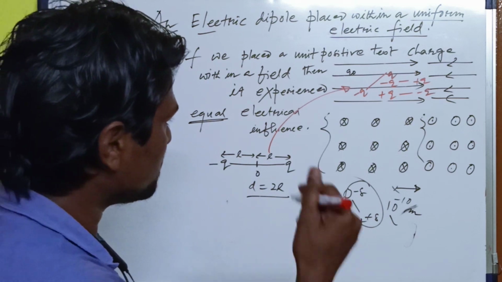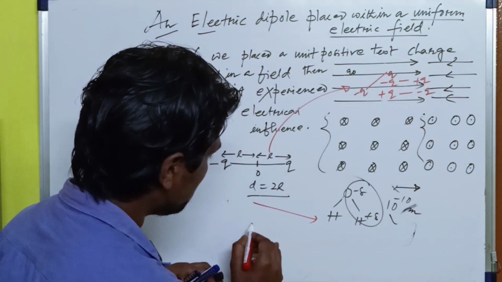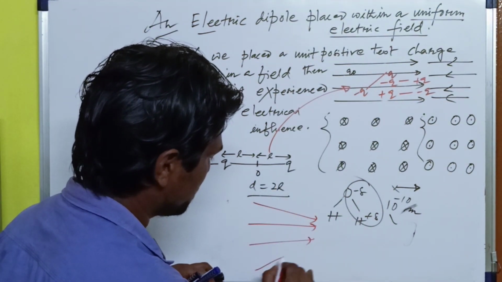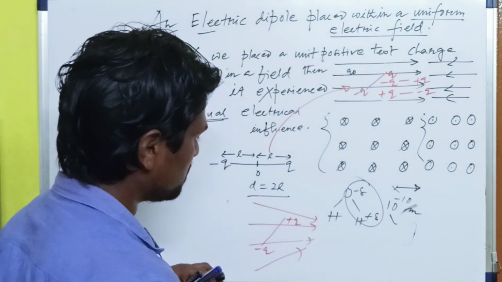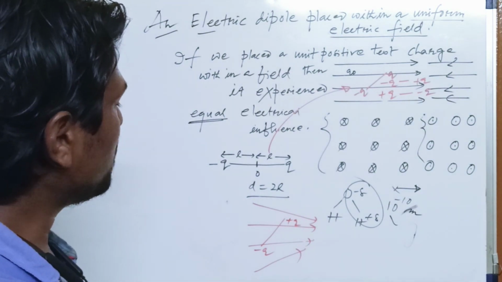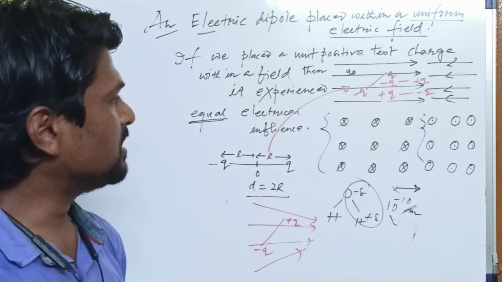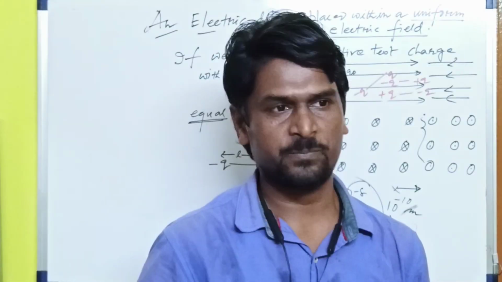When we placed that particular charge within a non-uniform electric field, this is minus q, this is plus q. So all the questions arise within your mind, and I think I discussed today.